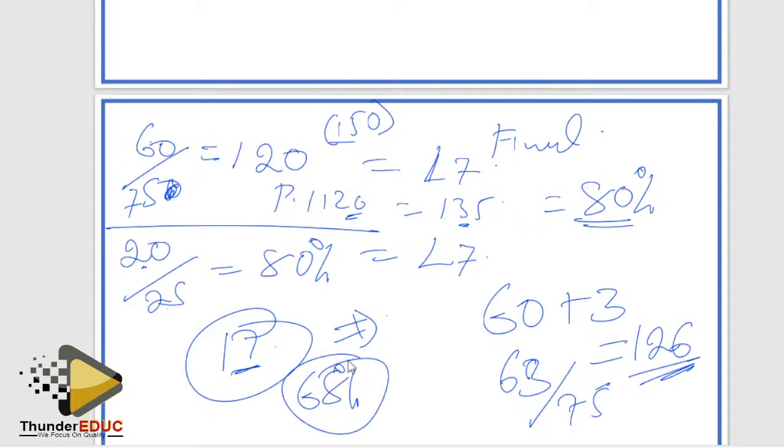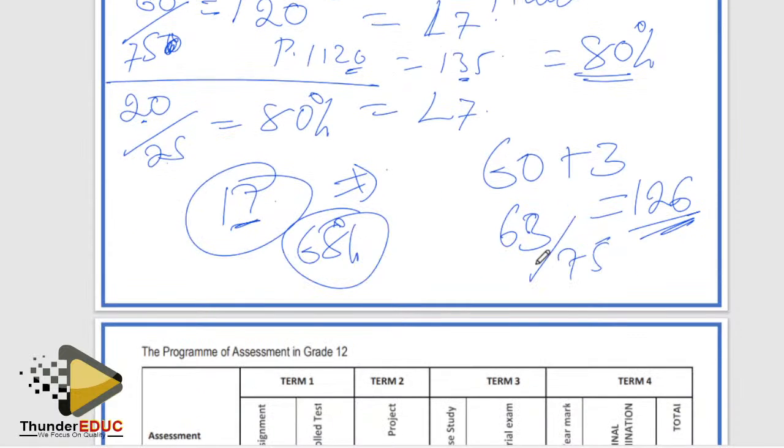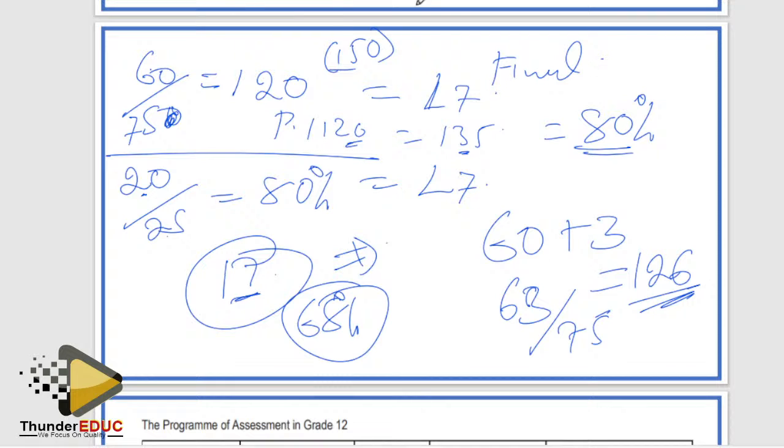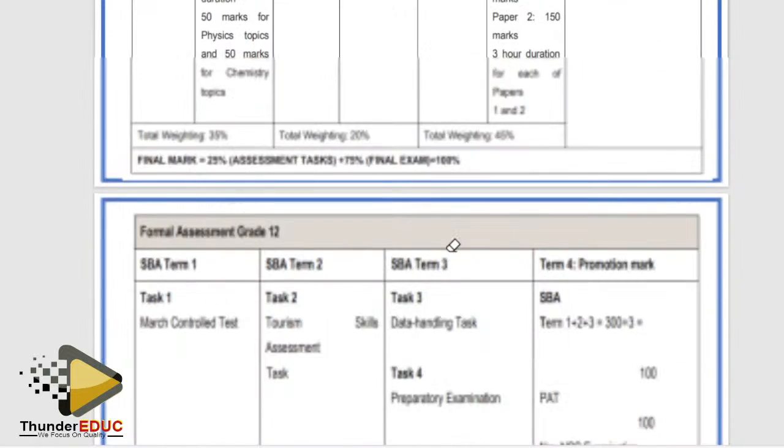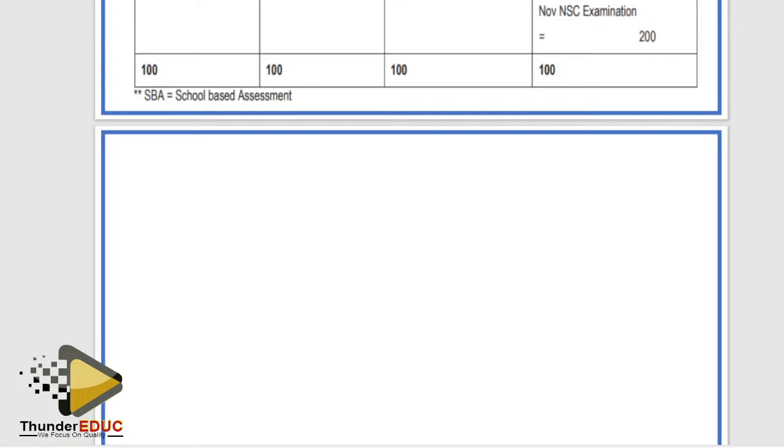Now, what about people who want just a pass? You just want a pass. How much do I need to pass? Before I go to those people who are having papers which have PET, for you to pass in SBA, you need 45%.